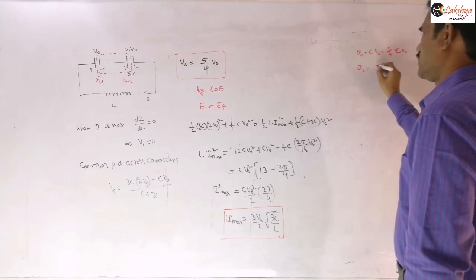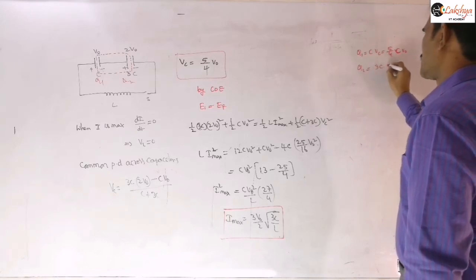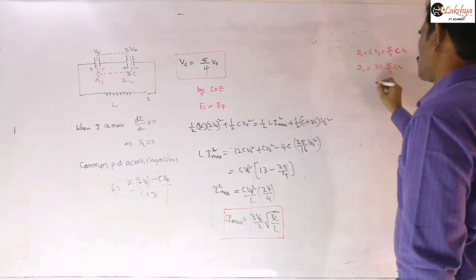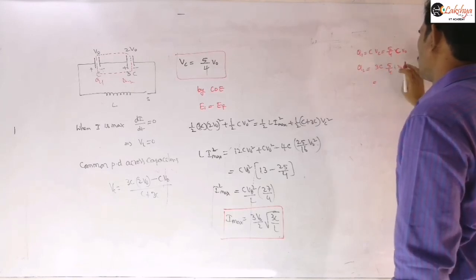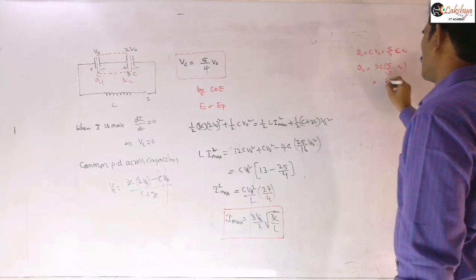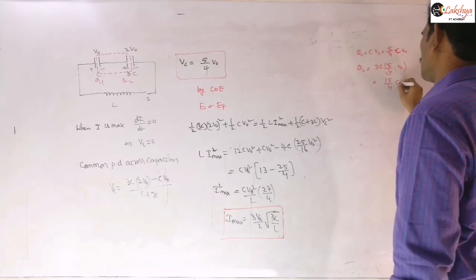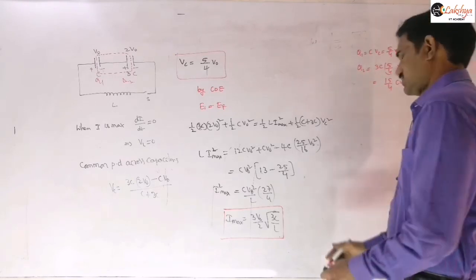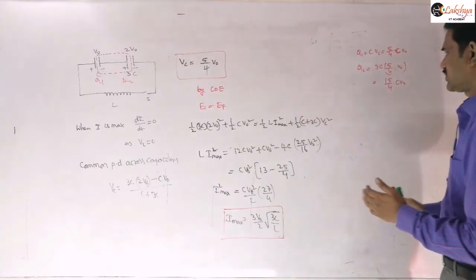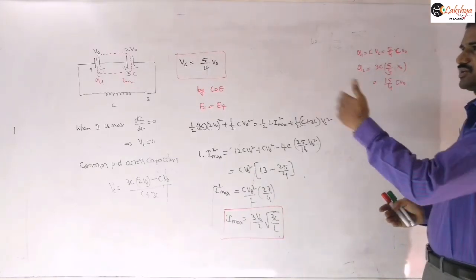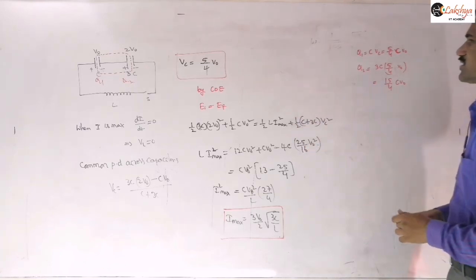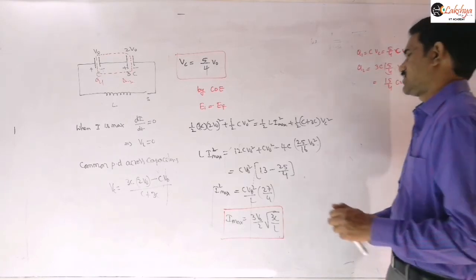And this Q2 value, then 3C into 5 by 4 into V naught, and so this value will be 15 by 4 CV naught you will get. So like that we need to write the charge on each capacitor, and like that you can write the charges on each capacitor at any instant.